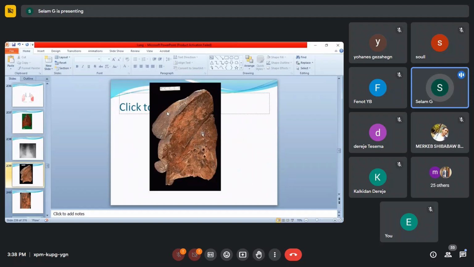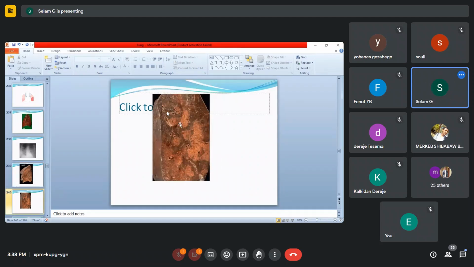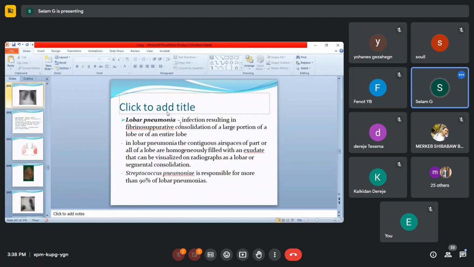So bronchopneumonia, you see the bronchial walls with associated parenchyma. Lobar pneumonia: infection resulting in fibrinosuppurative consolidation of a large portion of a lobe or of an entire lobe. In lobar pneumonia, the contiguous air spaces of part or all of the lobe are homogeneously filled with an exudate that can be visualized on radiography as a lobar or segmental consolidation.